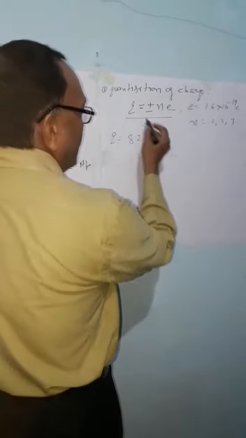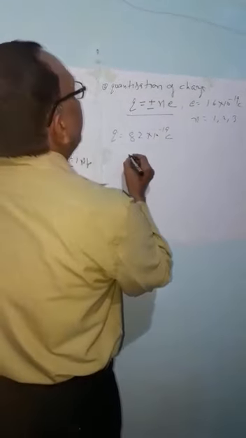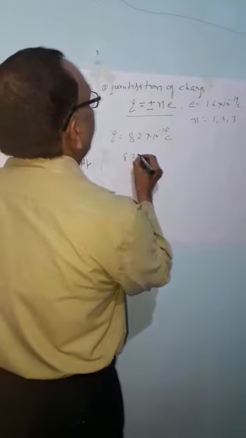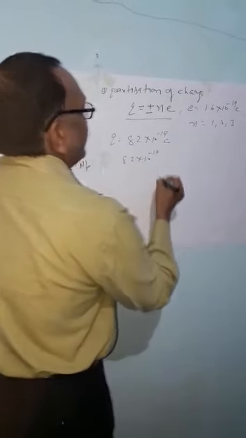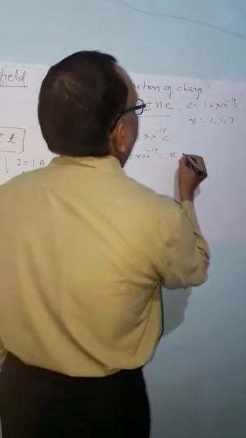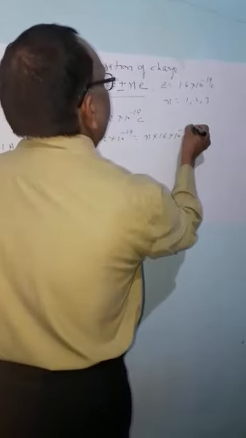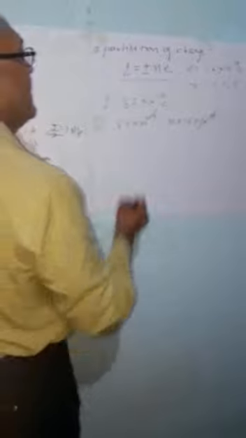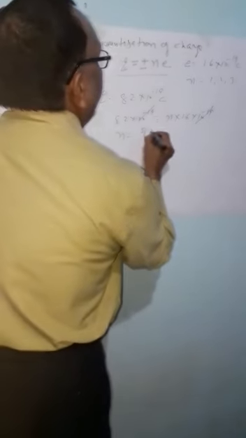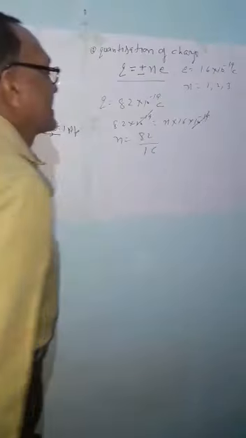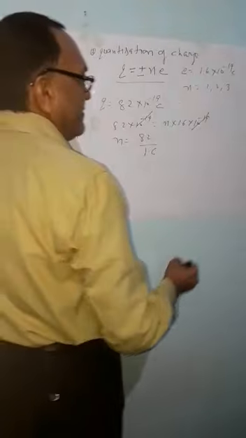So you place 8.2 into 10 to the power minus 19 is equal to N into 1.6 into 10 to the power minus 19. The 10 to the power minus 19 cancels, so N is equal to 8.2 divided by 1.6. Now this is not an integer, not a whole number, it will be a fraction.